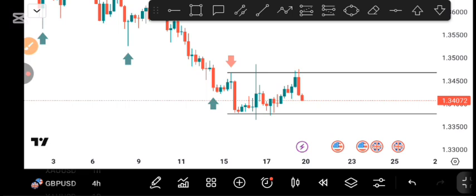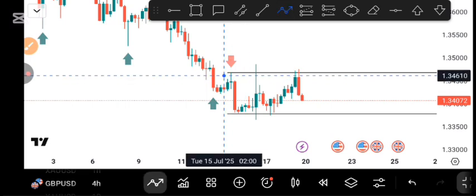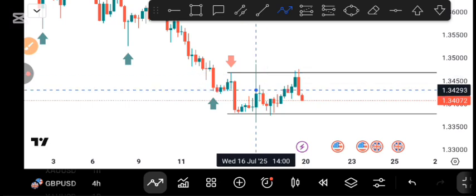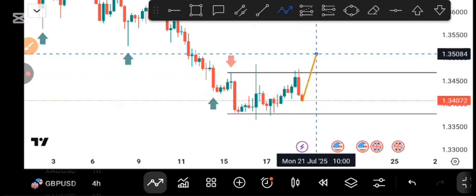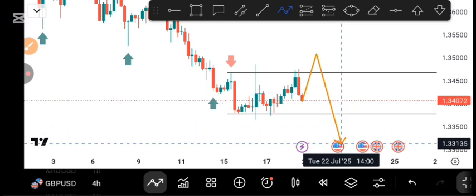So whenever the market breaks the high of a bearish trend, it can either change its direction to a bullish trend or still continue in a bearish trend. Despite taking out this high, despite this strong rejection, this market can either create a new high or continue in a bearish trend.